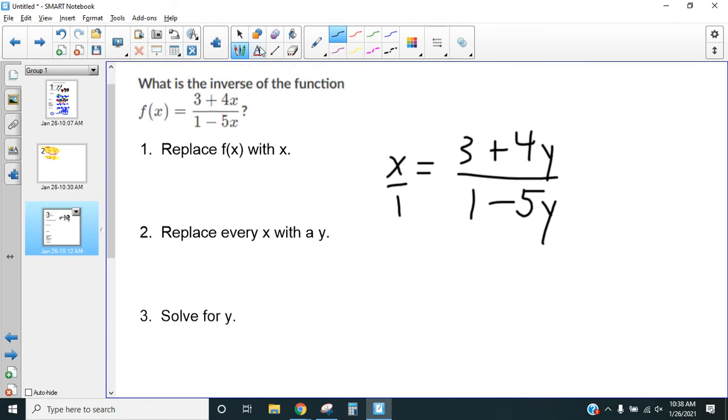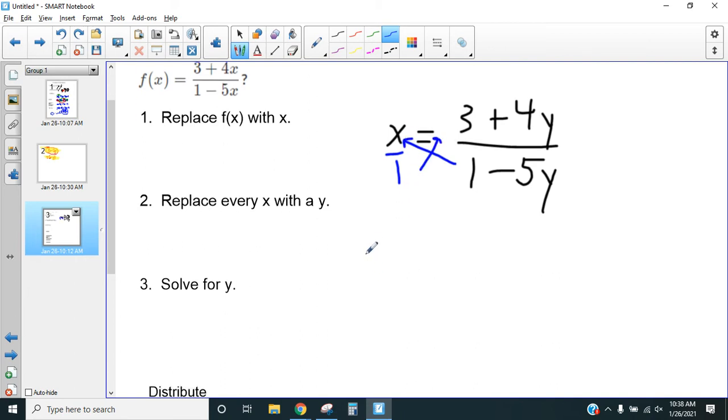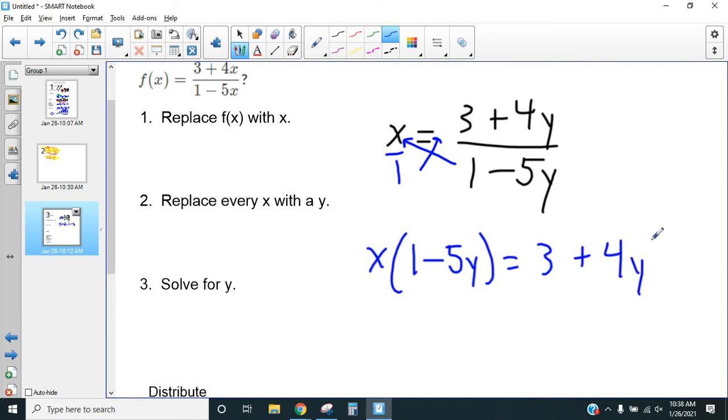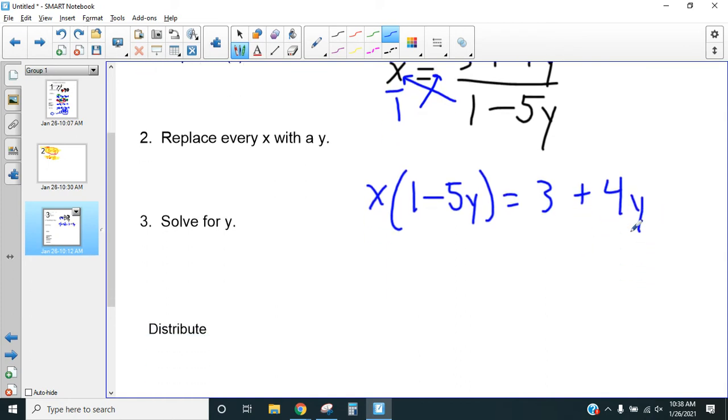All right, so I went ahead and changed everything to x's and y's like we said in step 1 and 2. So now I'm going to put this thing over 1. All right, now we have to cross multiply, right, people? Okay, so we've got this. There we go.